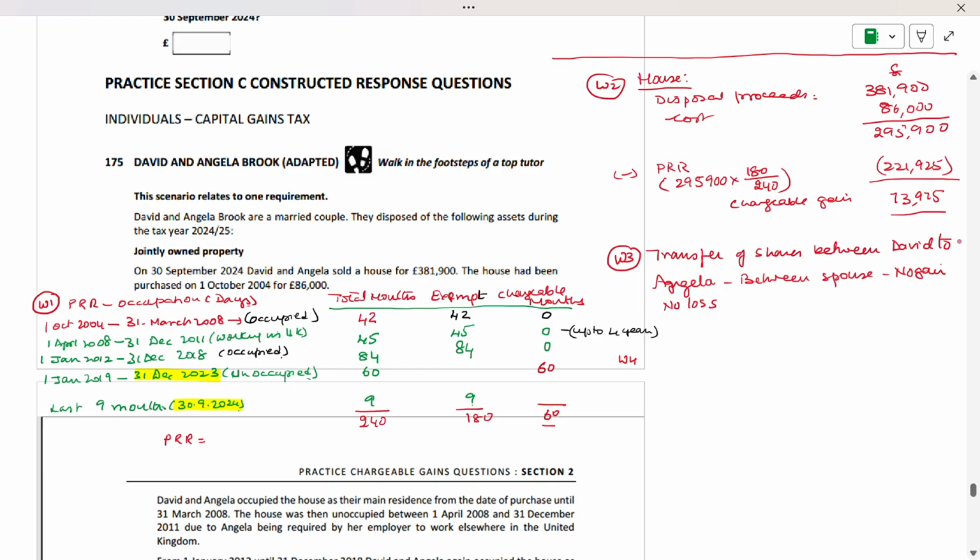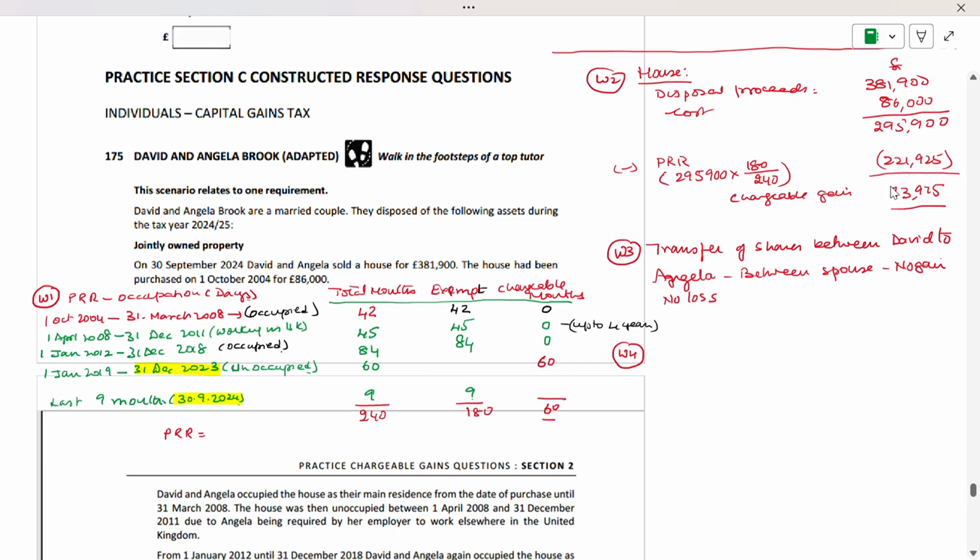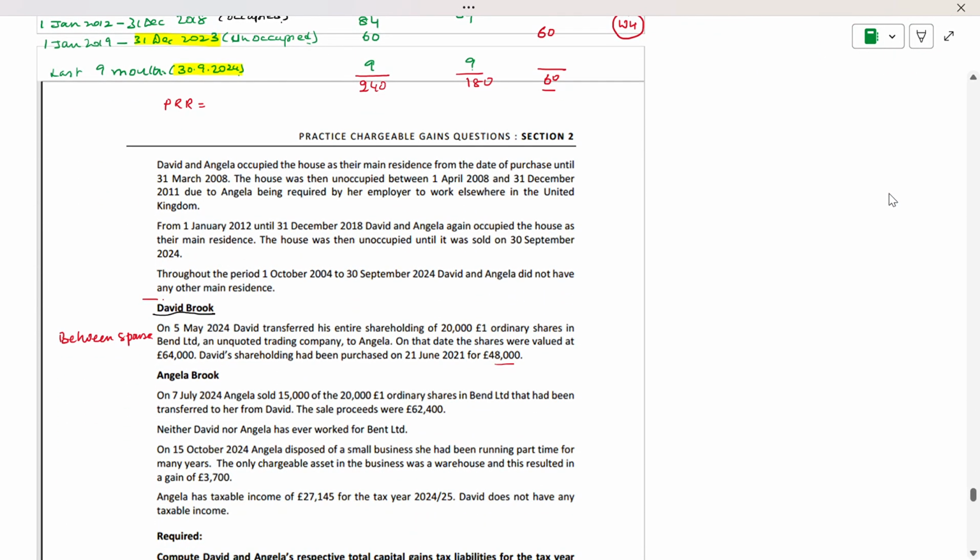Working 4. Now Angela has sold the shares. She has sold the shares for 62,400. She sold 15,000 of the shares, not all.